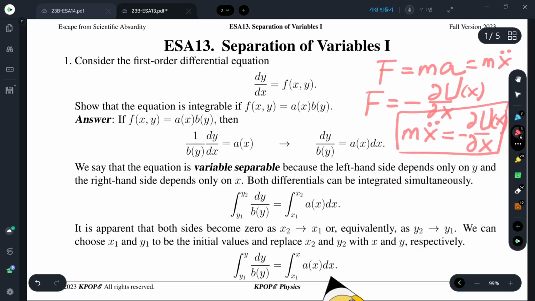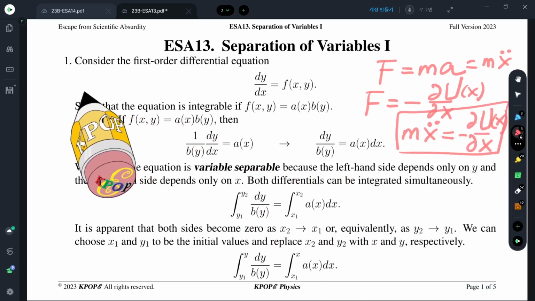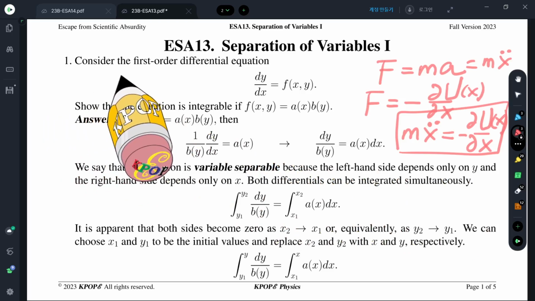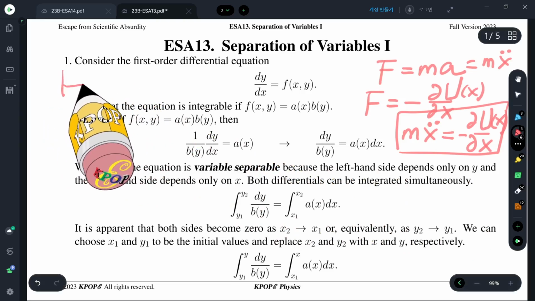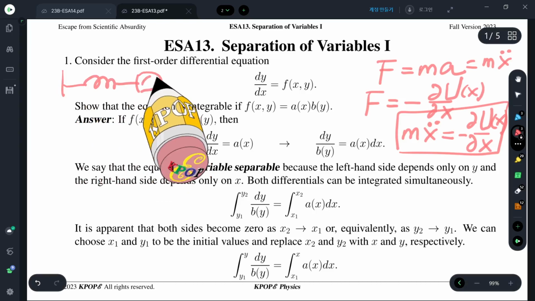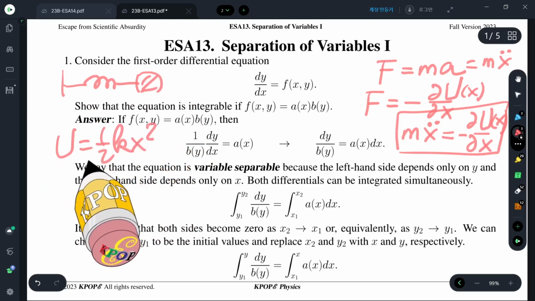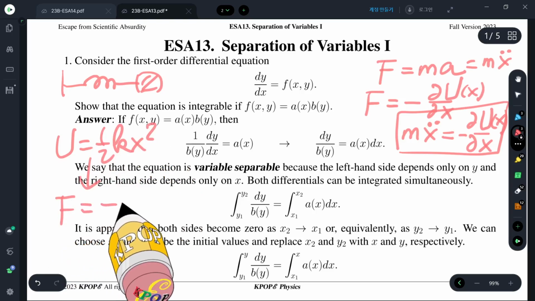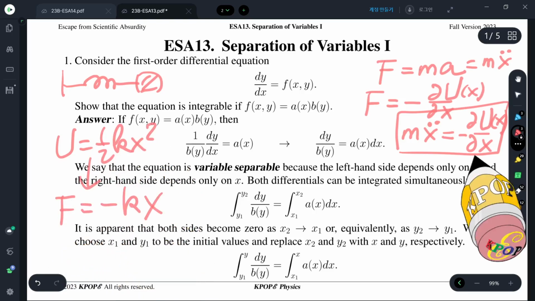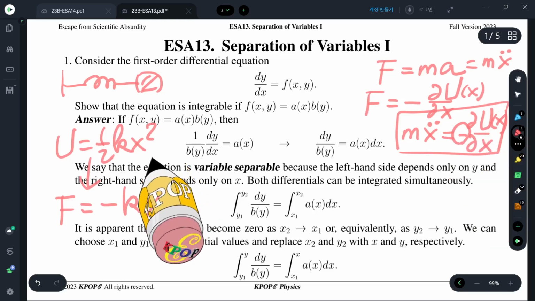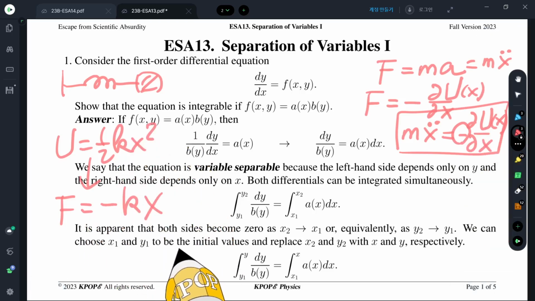This is the general form. For example, we have a spring mass system. Its potential energy is 1/2 kx squared and the corresponding force is minus kx, the negative x derivative of the potential.